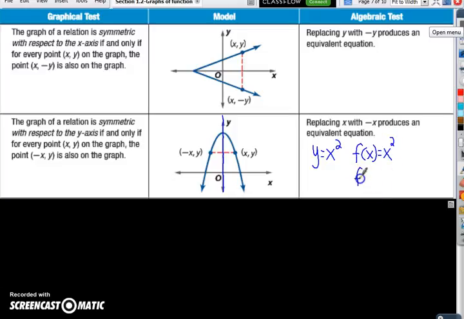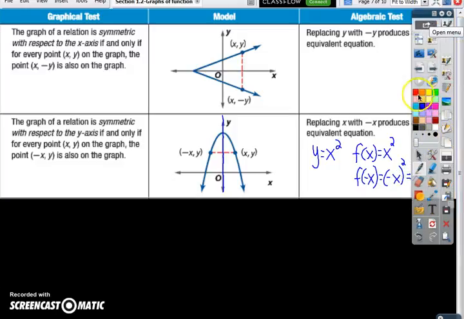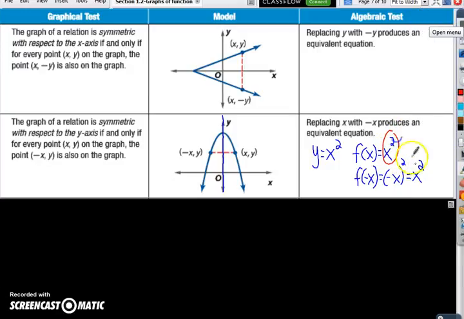If I put f of negative x in here, I'm going to get negative x, that quantity squared, or just x squared. You see how they both are equivalent relations there? That's why x squared is symmetric about the y-axis here.